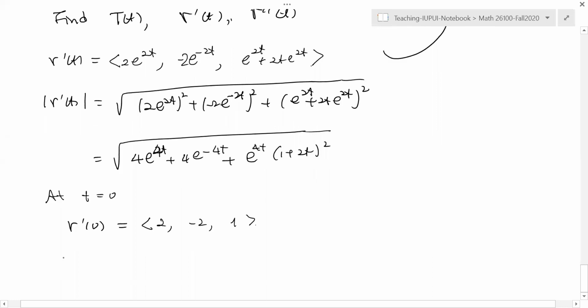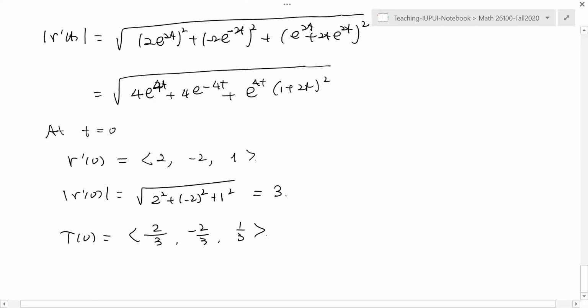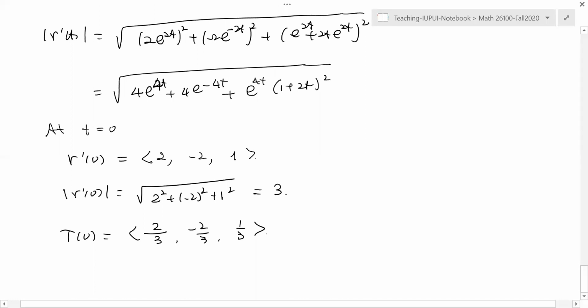Then the length is just the square root of 2 squared plus negative 2 squared plus 1 squared: 4 plus 4 plus 1 is 9, the square root is just 3. So the unit tangent vector will be this.